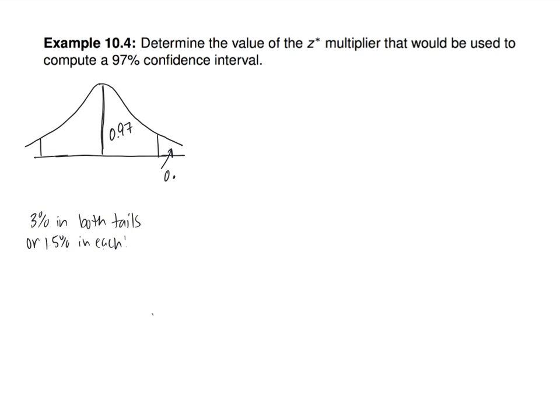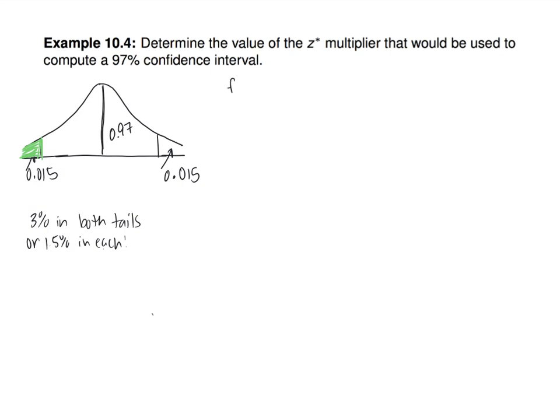So over there is 0.015, and over here is 0.015. Usually what we do is we work with this half of the interval, and our multiplier is the value of z such that this area is 0.015.